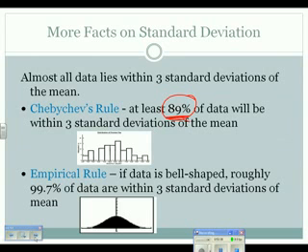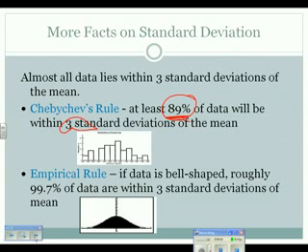Well, Chebyshev's rule says that 89% of our data, no matter what the shape of the distribution, will be within 3 standard deviations of the mean. So if we go out 3 standard deviations, we've got 89% of our data, the vast majority of the data. Only 11% could possibly be outside of that 3 standard deviations.